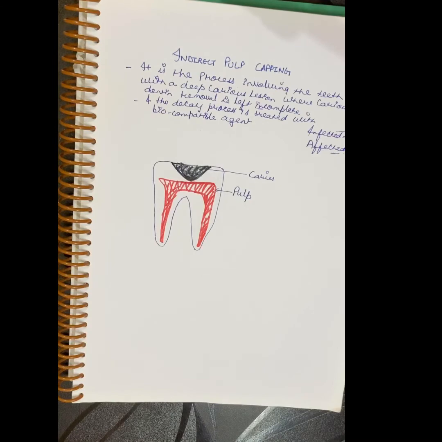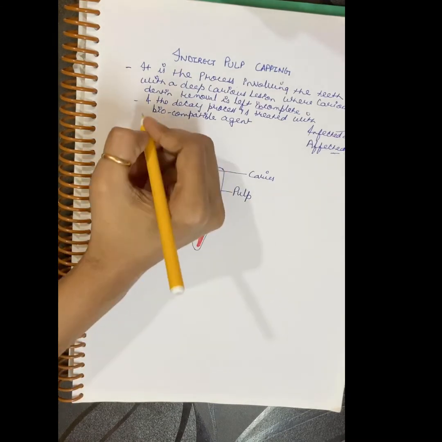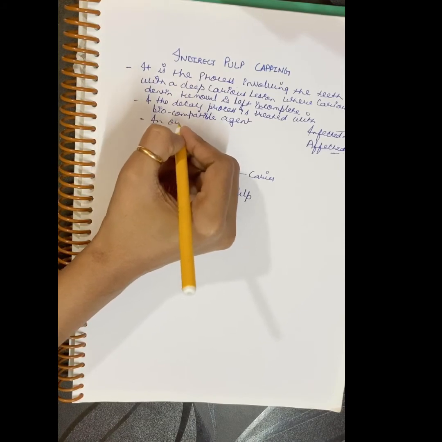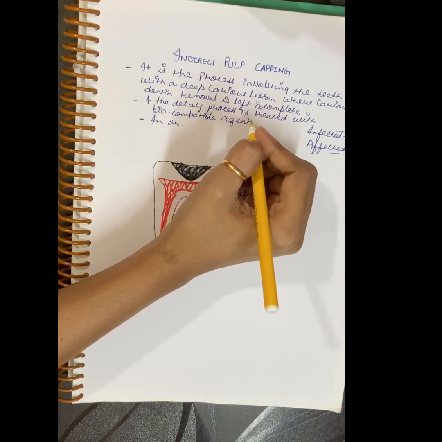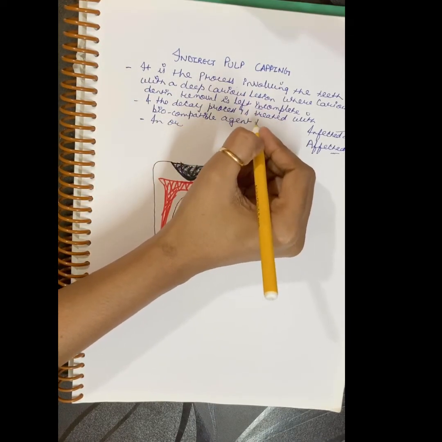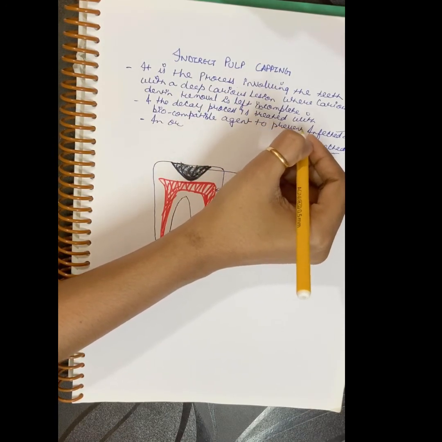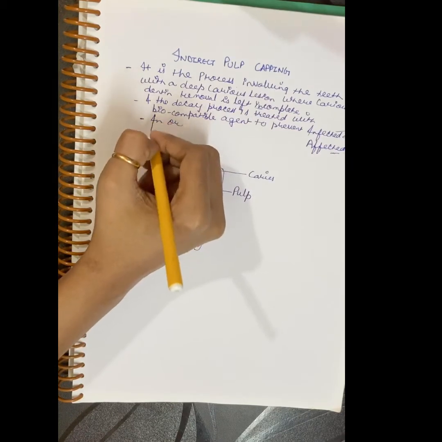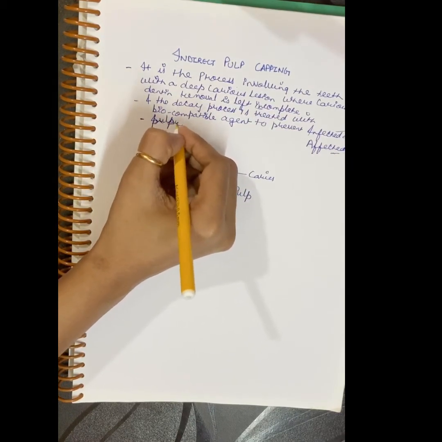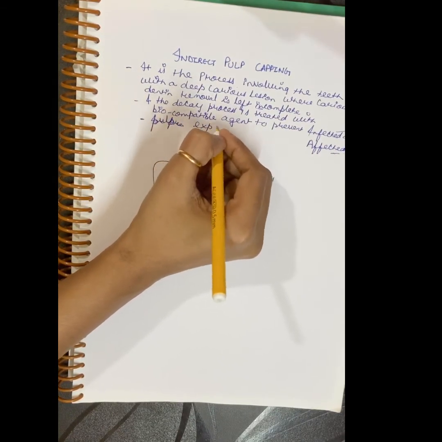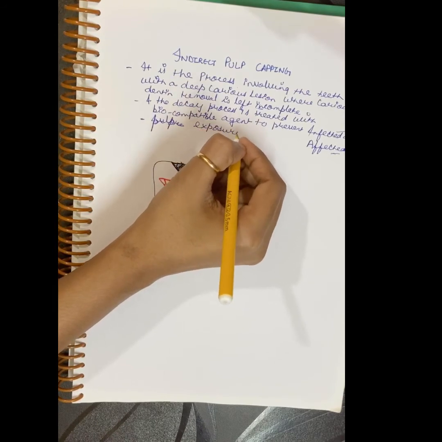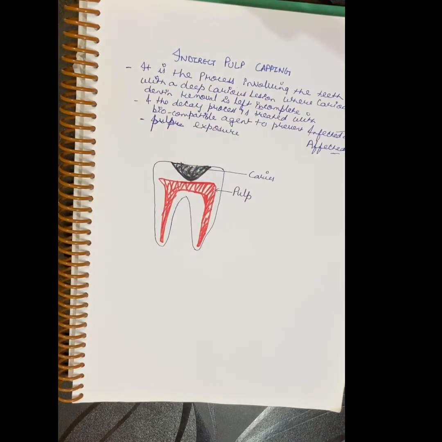So that it gets remineralized in order to prevent pulp exposure. This is known as indirect pulp capping.